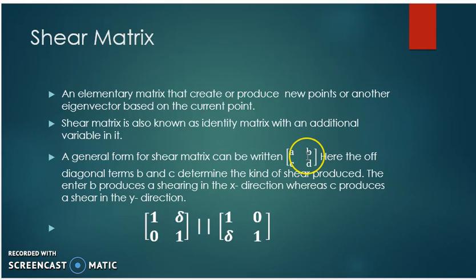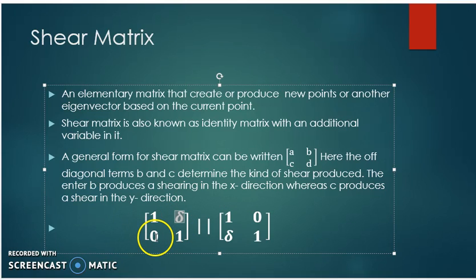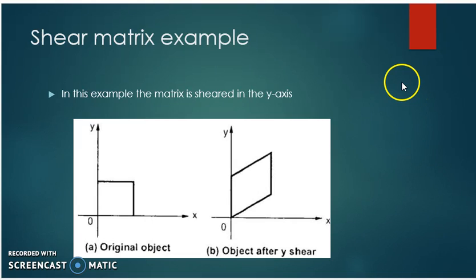If b gets any value, it produces a shearing in the x-axis, or if c gets any value and b is 0, in that case it produces a shearing in the y direction, like here. In this case, lambda can get any value, and it comes here and 0 goes up there.